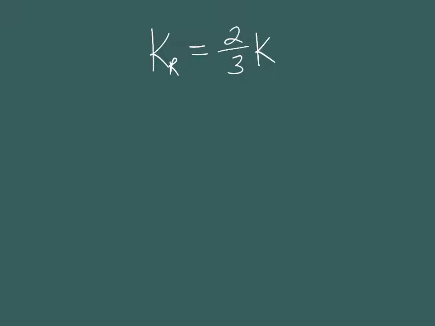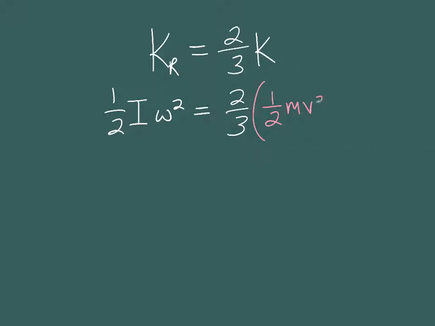given this fact, that the rotational energy is going to be about 2/3 of its kinetic, we could move straight to the equations based on that assumption. So I know that rotational kinetic energy is always 1/2 I omega squared, the rotational inertia, moment of inertia, times the angular velocity squared. And I'm told that that's 2/3 of K, which is 1/2 mv squared.